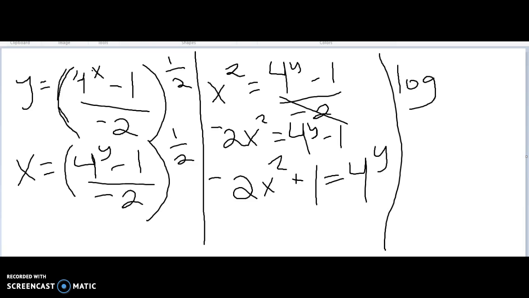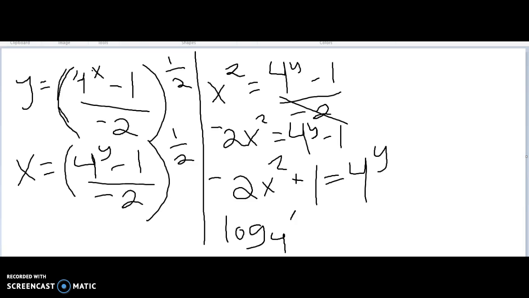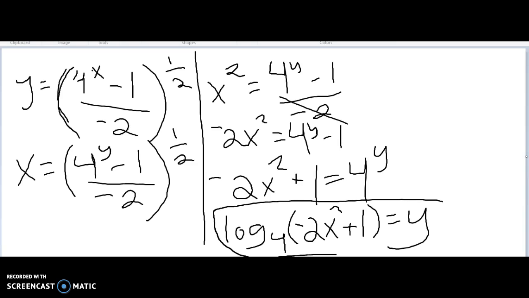So it would be log base 4, then in parentheses you'll put the negative 2x squared plus 1, equals y, and that is basically getting the y by itself, and that will be your answer.